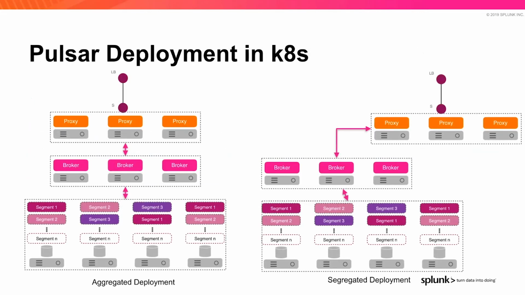So the key thing is we have a notion of a Pulsar proxy, which allows you to have only one endpoint exposed on the Pulsar side of things in front of an ALB, and that allows you to spray the traffic on the Pulsar proxy, which in turn directs to the appropriate broker, which is serving the topic.